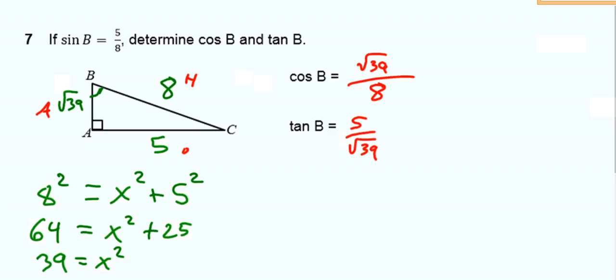And another way that you could write this 5 over the square root of 39 is to not have the square root in the denominator. We're going to rationalize the denominator. You do that by multiplying by that square root to both numerator and denominator, top and bottom.